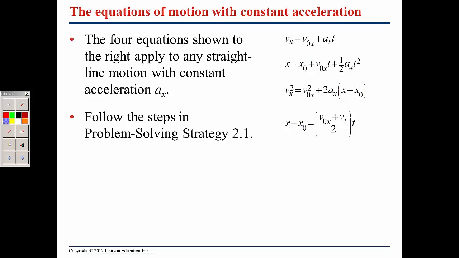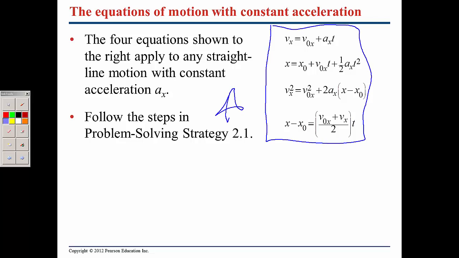So we can write our equations of motion with 4 very important equations right here. And this slide is very important. Make sure you pause it and write these 4 equations down. These equations describe the velocity, the position, and the acceleration as a function of time.